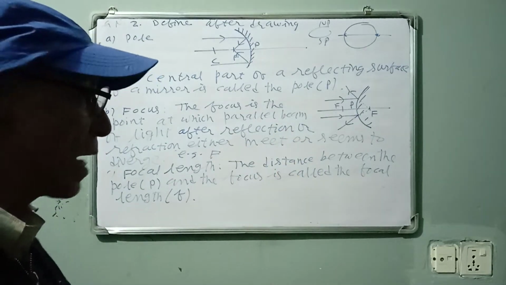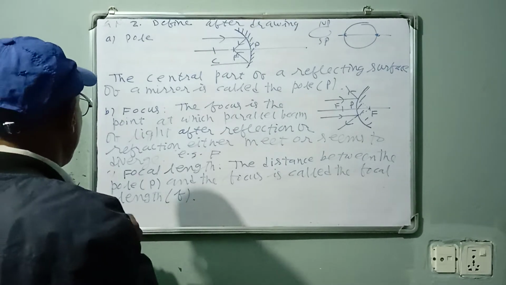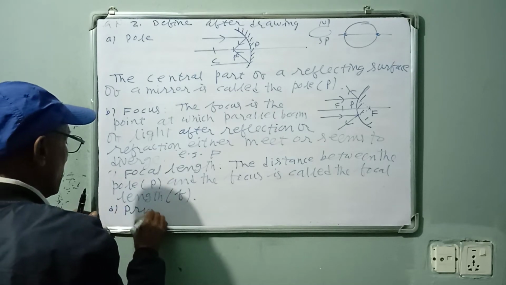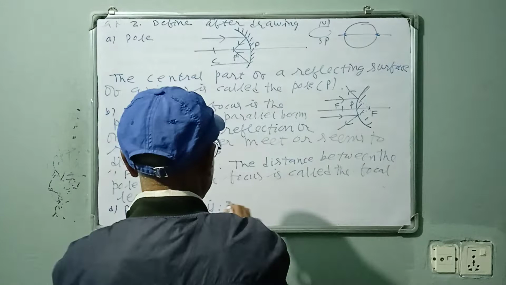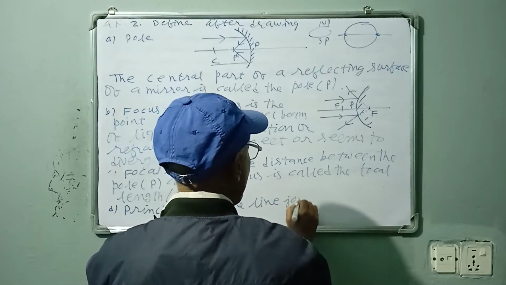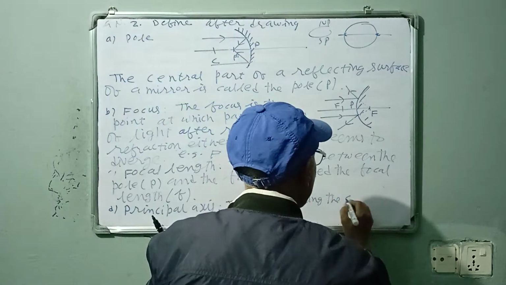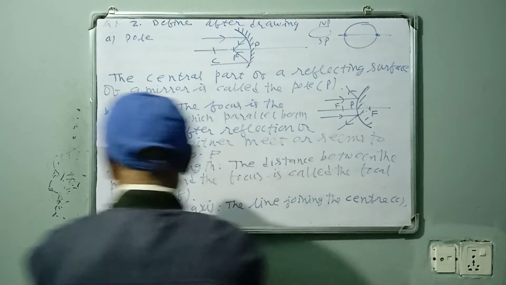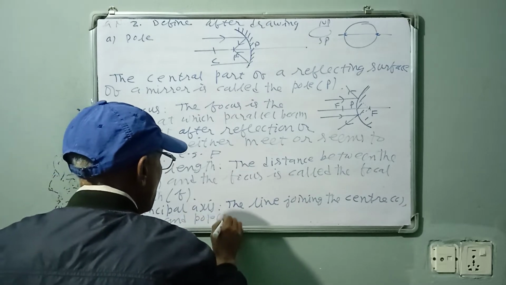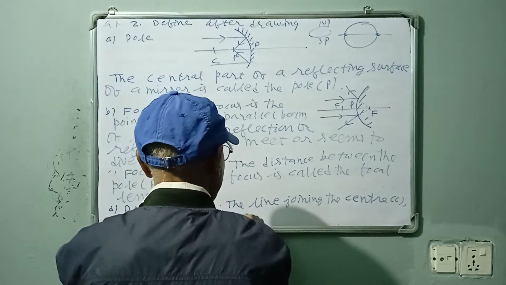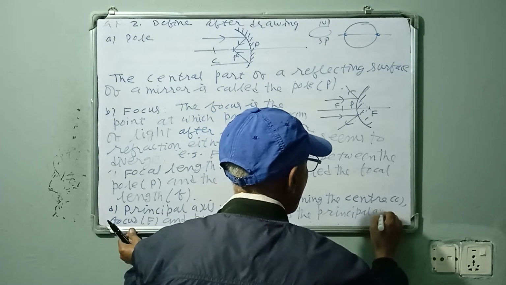We say focusing; light converging is called focusing. Next, focal length and principal axis. What is the principal axis? The line joining the center C, focus F and pole P is called the principal axis.